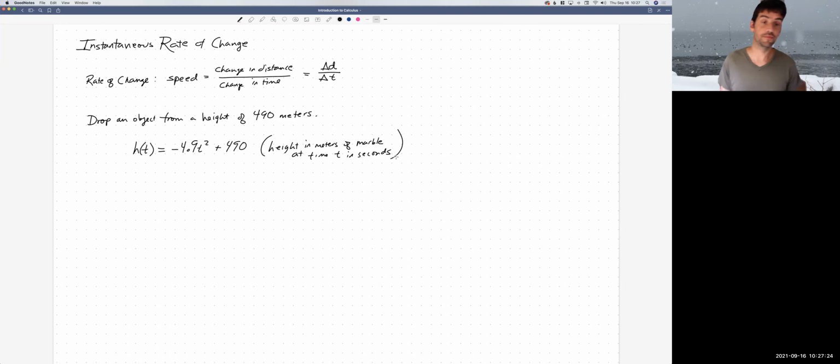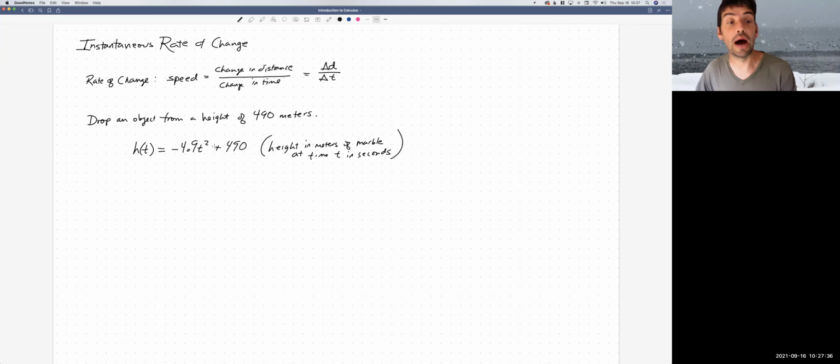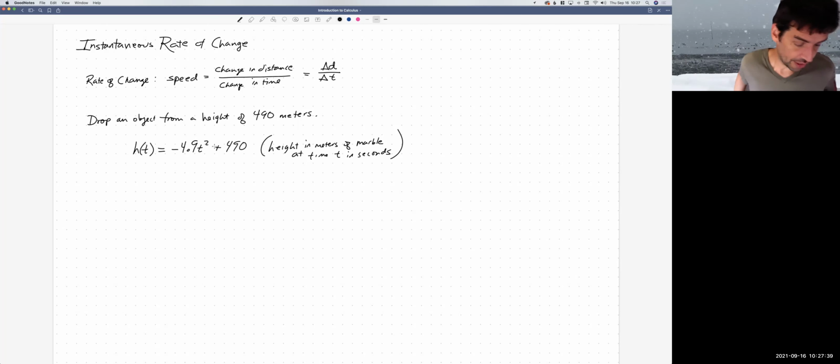So here I have a function. I'm inputting the number of seconds from when I drop it, right? So 0 is the moment we let go of it. And as time progresses, t equals 1 is how high it is 1 second after it falls, and so on and so forth.